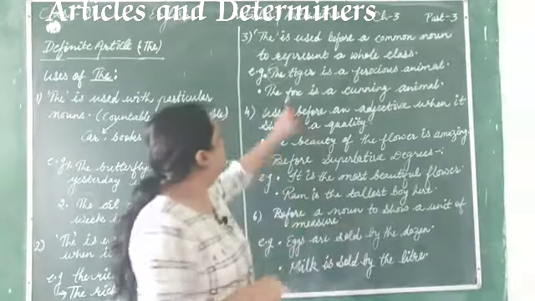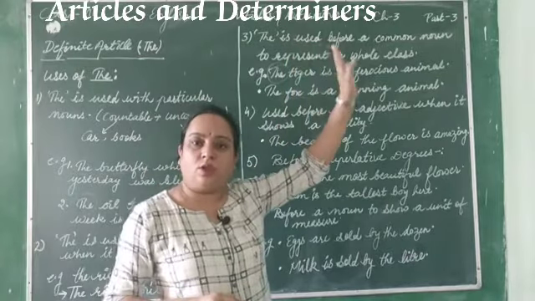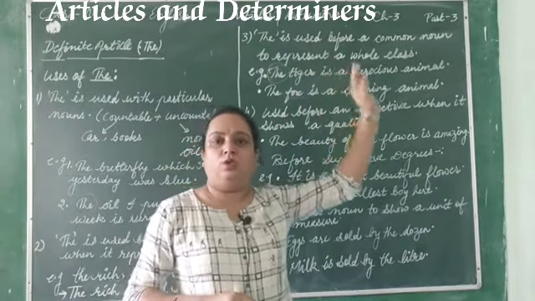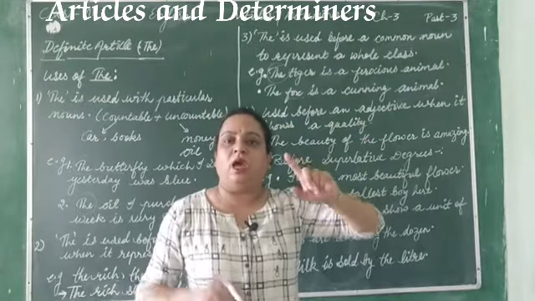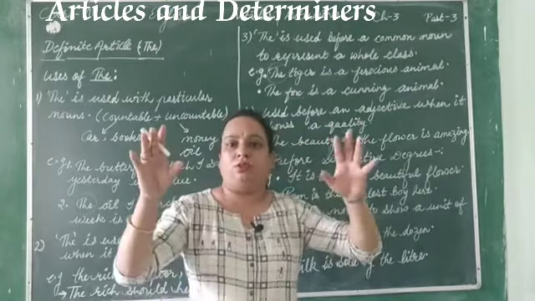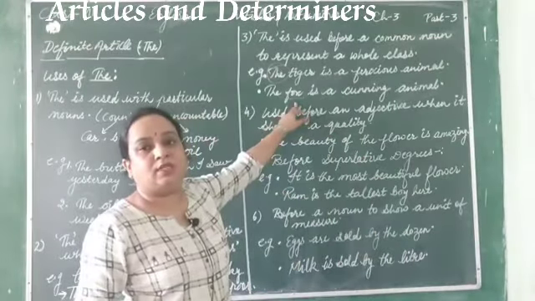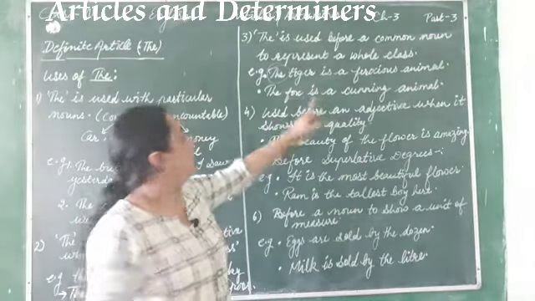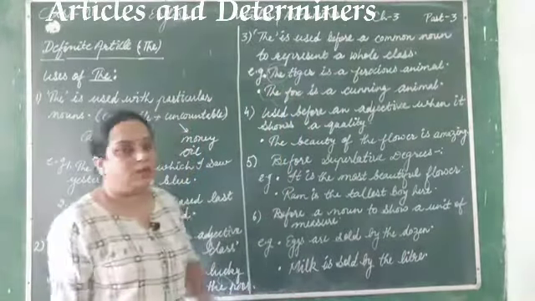So here also this fox is a common noun, but we are talking about all foxes. It was not only that fox which took the piece of meat from the crow. I am not talking about only that, I am talking about all the foxes. So that is what I am representing here, the whole class. So this is where the is being used, clear.